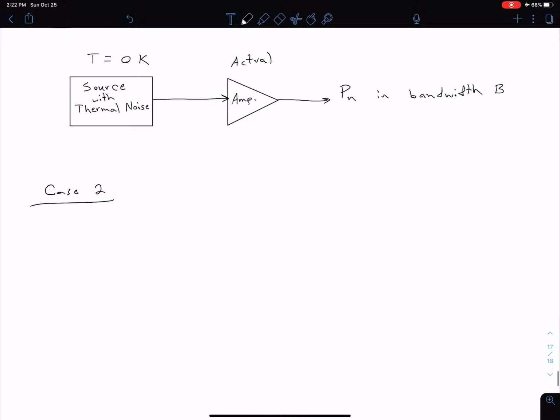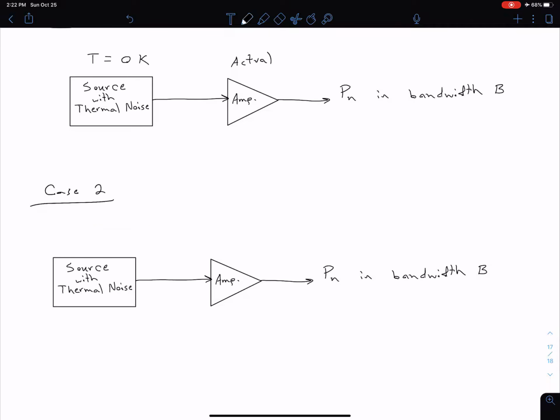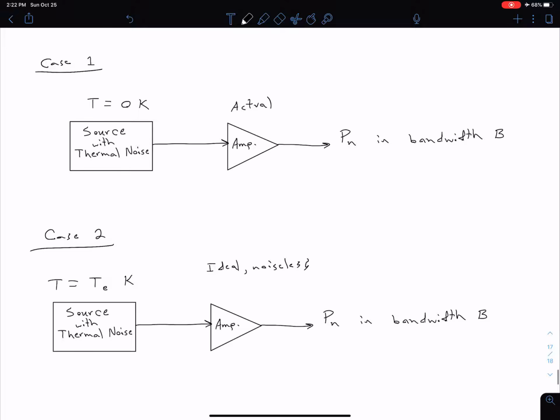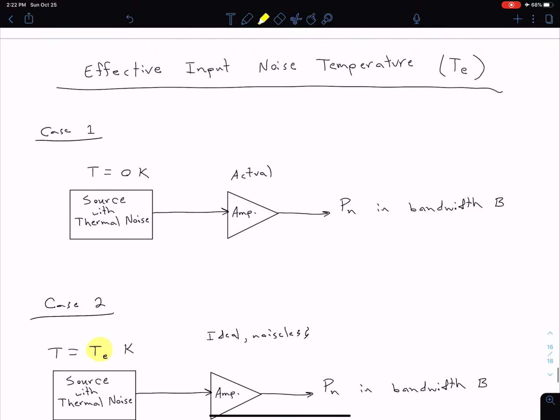The only difference is now we increase this temperature until it's T sub E in Kelvin, and instead of an actual amplifier, let's say this is an ideal noiseless amplifier. We want to compare case 1 and case 2 in order to help us define this effective input noise temperature, T sub E.